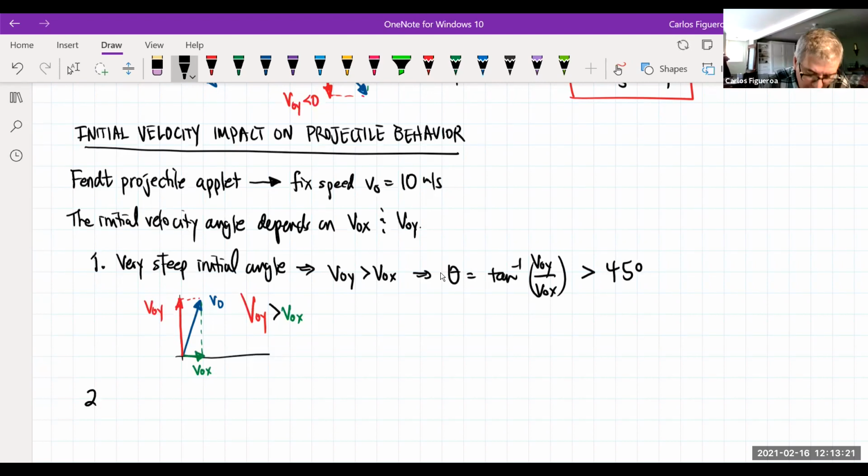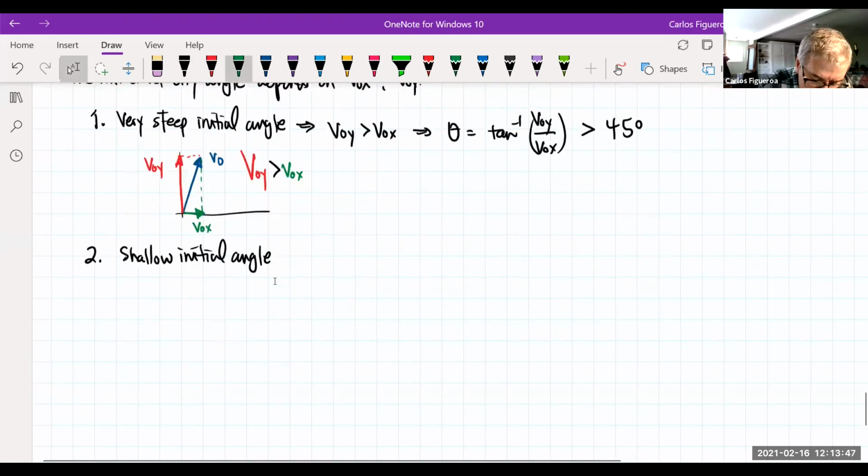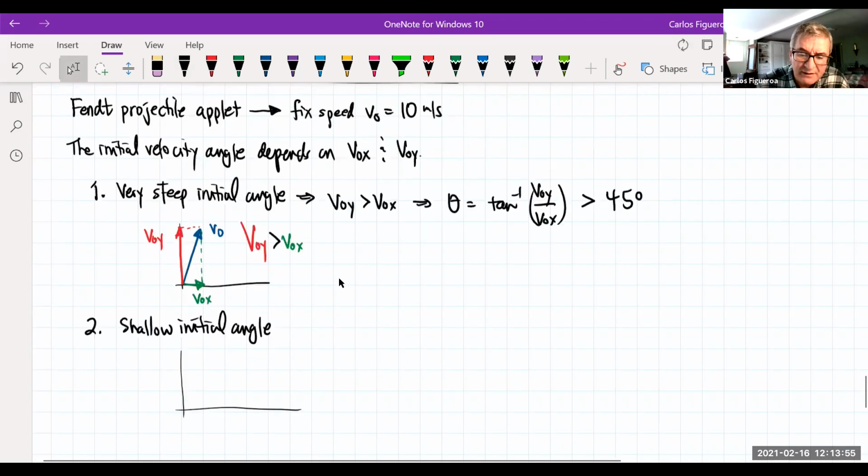Now, the other scenario is a less steep, or maybe I'll call it a shallow initial angle, excuse me. What do I mean by that? Well, let's go look at the picture this time. If I draw the same kind of picture, I'm going to set up my velocity vector like this. If it's a shallow angle, remember, we're always setting the speed to be 10 meters a second. It always has to look that way. So in this case, the angle looks like this.